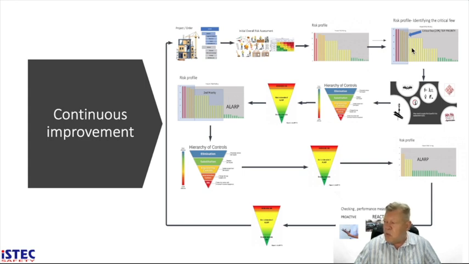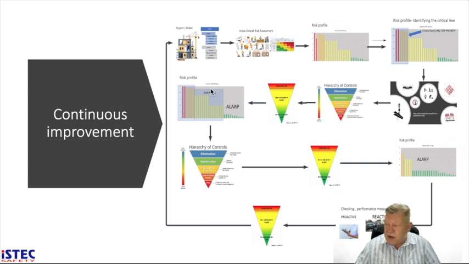Once I've worked on the high risk issues and I've got effective controls on them, I don't stop. I then apply the same to my medium risks. Once again, I apply controls to the medium risks until they are at the as low as reasonably practicable level.